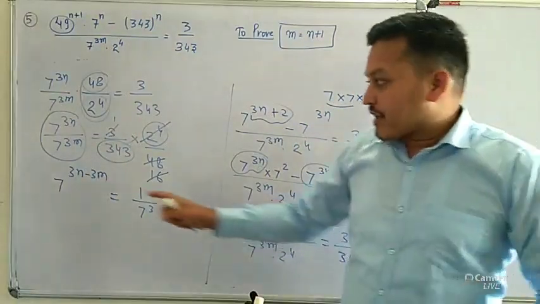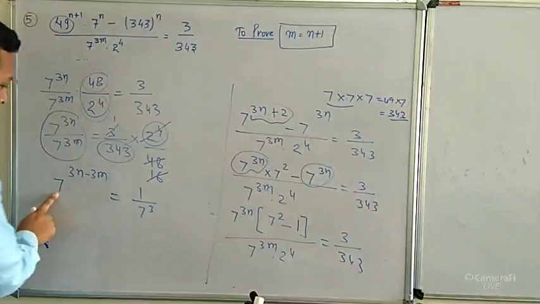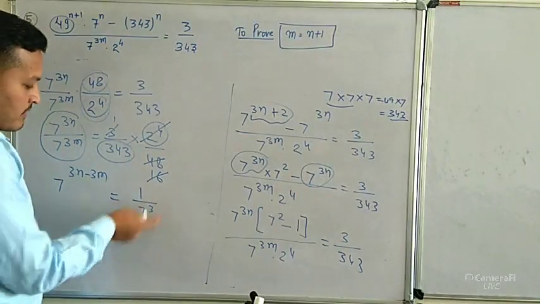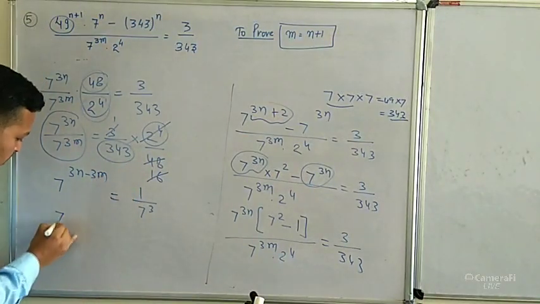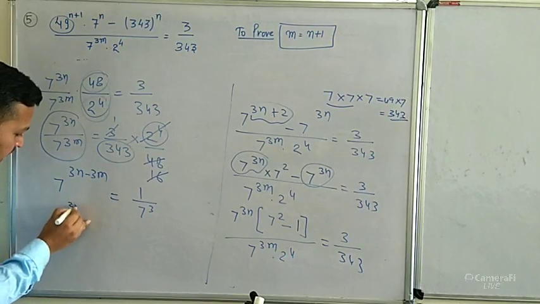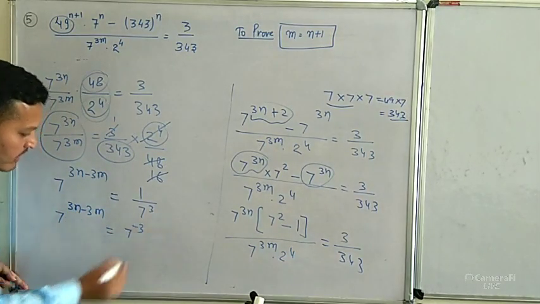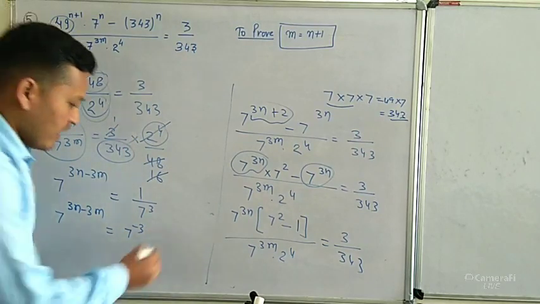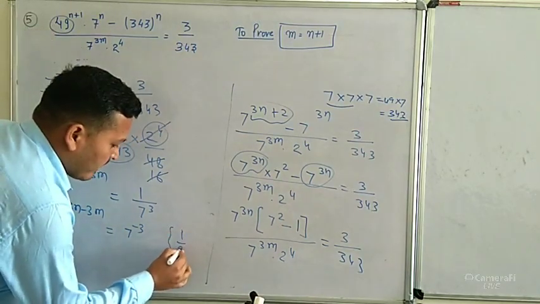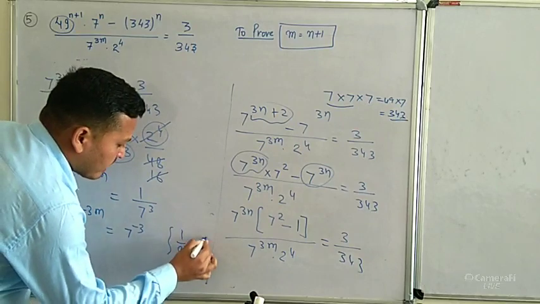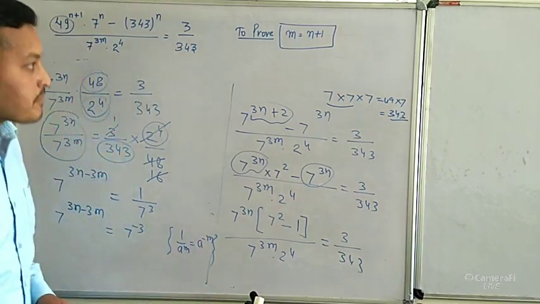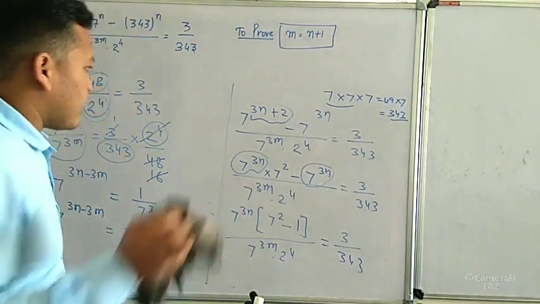Now the left hand side base is in the numerator and the right hand side in the denominator, so convert it to the numerator too. So this one we can write 3n minus 3m is equal to 7 to the power minus 3. The formula: 1 upon a to the power m we can write as a to the power minus m. Okay, so I hope you understand this part.